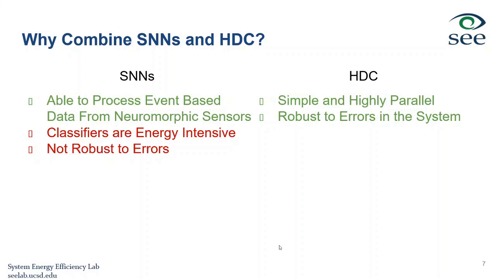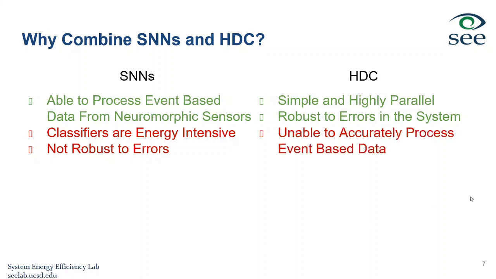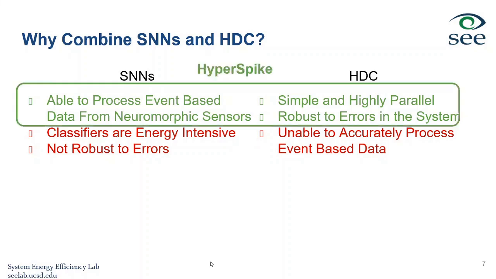Since information is evenly distributed in high-dimensional space, operations are also more robust to errors. However, hyperdimensional computing cannot natively process event-based data. By combining both of these approaches, we create HyperSpike, which takes the pros of both SNNs and HDC and tries to eliminate the cons.